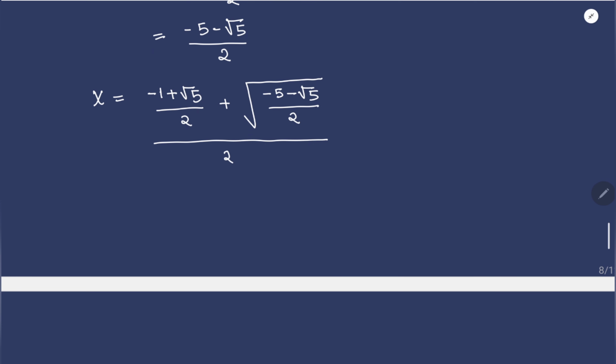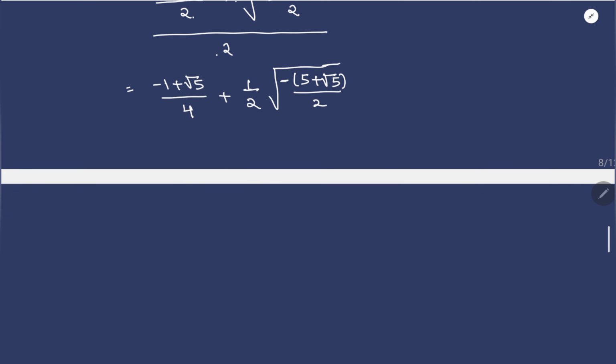Okay, so now I have minus 1 plus under root 5, and this 2 will get multiplied with this 2, will become 4, and this 2 I will write here like this, and in here I will get (5 + √5)/2. This minus inside the bracket will become iota.